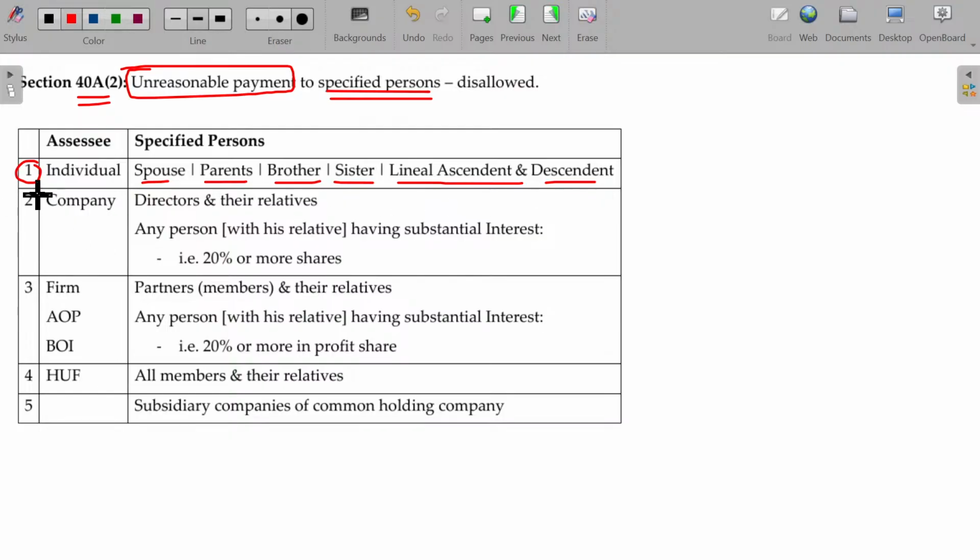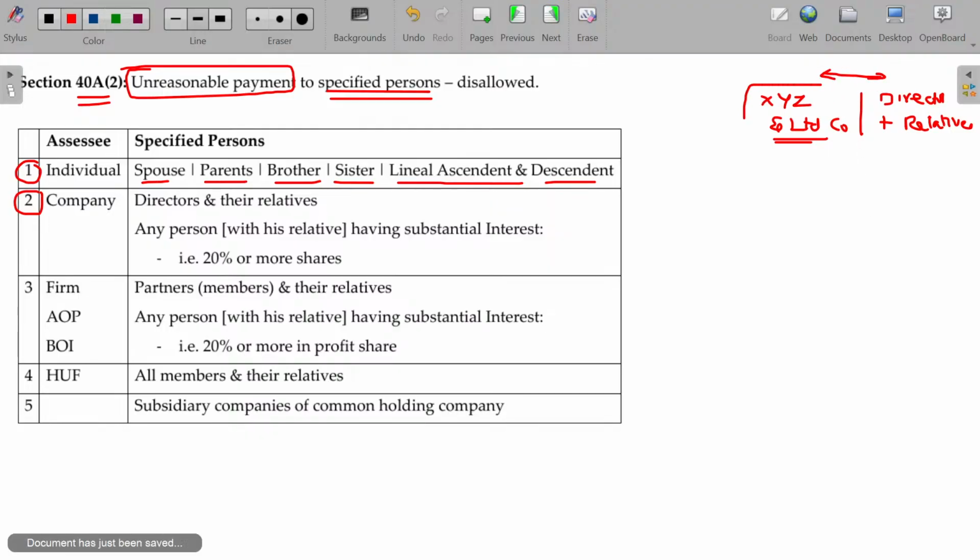In case of a company, probably XYZ limited company, the director will be a specified person, and their relatives also, who are called relatives: spouse, parents, brother, sister, lineal ascendant, descendant. These two are specified persons' transactions. Automatically, the unreasonable extent is disallowed.